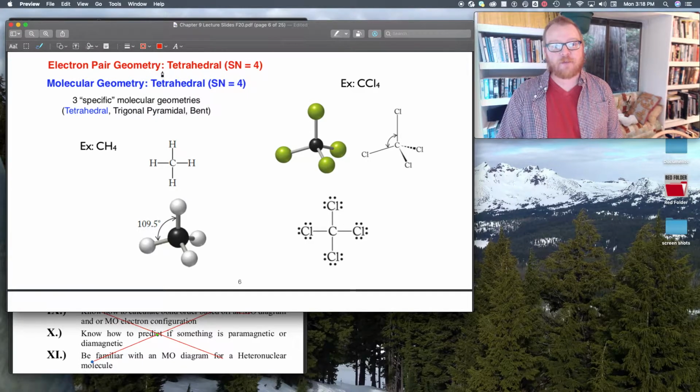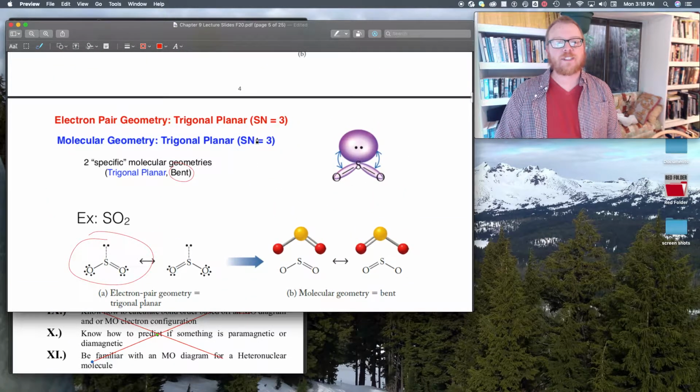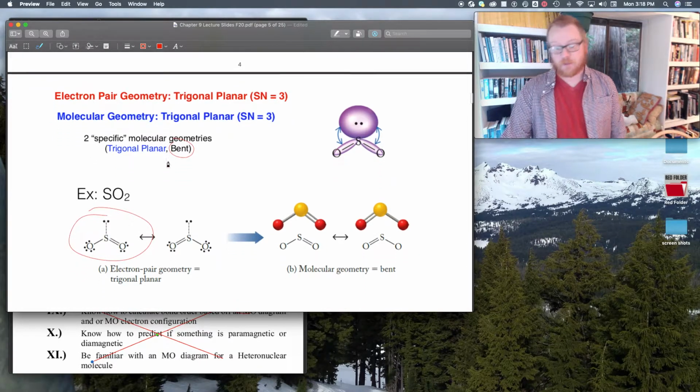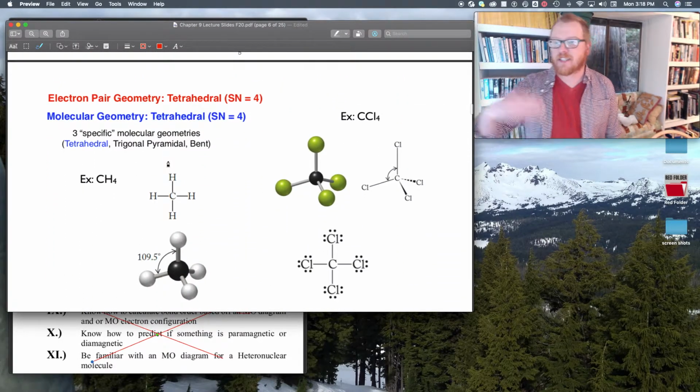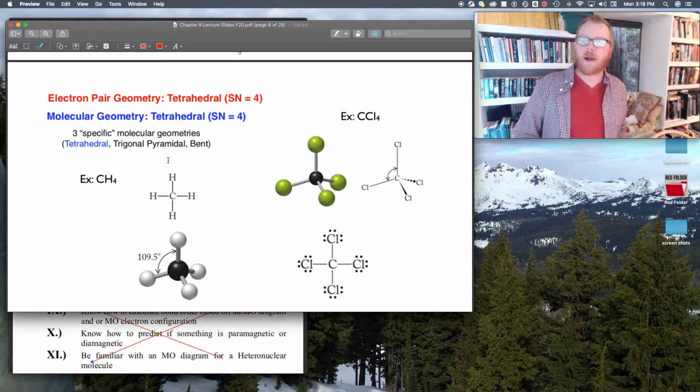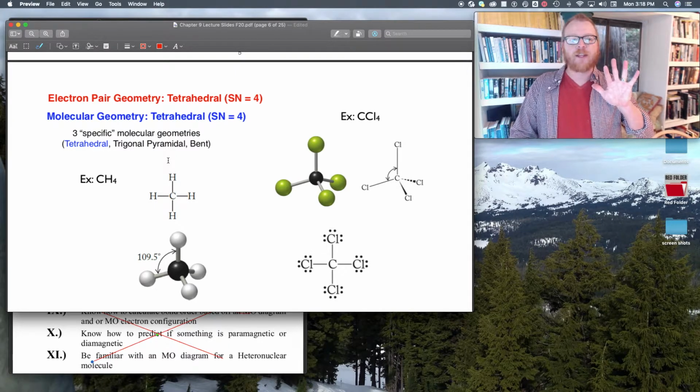So for example, if there's a steric number of 4, there's going to be 3 specific molecular geometries. When there was a steric number of 3, there were 2 specific geometries. And as you might guess in the coming slides, when there's a steric number of 5, there are 4 molecular geometries.